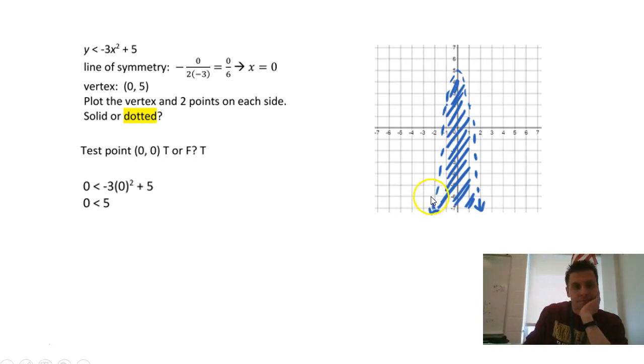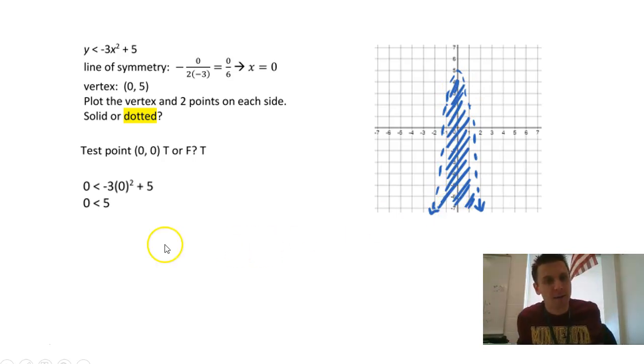You can reflect that there. Dotted line is strictly less than. Plug in (0, 0). 0 is less than negative 3 times 0 squared plus 5. That results in 0 is less than 5. That's true. (0, 0) is a solution, so is everything else inside. So we shade inside there, and we have graphed quadratic inequalities.